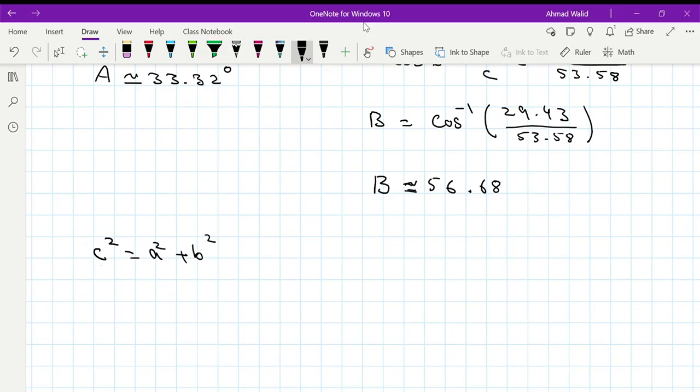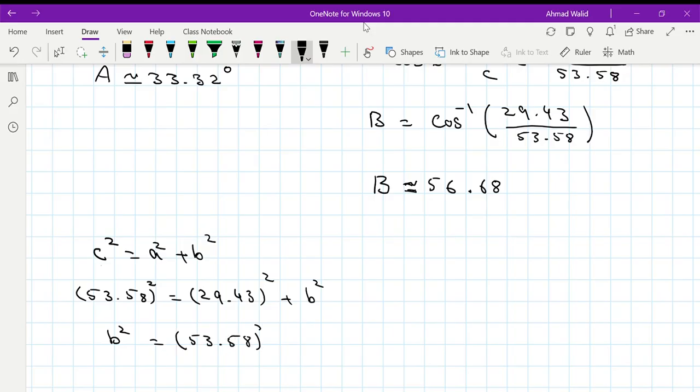C is given to you as 53.58, so 53.58 squared equals a squared, where A is given as 29.43 squared, plus b squared. To solve for b, you can subtract, so b squared equals 53.58 squared minus 29.43 squared.